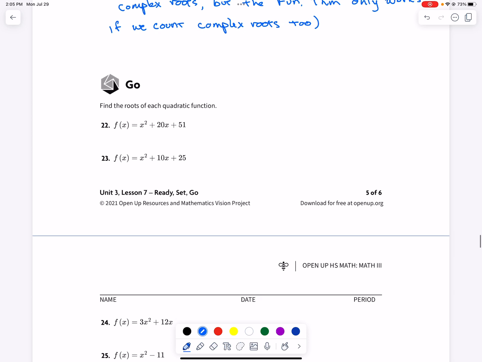Okay. Find the roots of a quadratic function. Here's a nice stupid number. 51. 51 is 17 times 3. Oh, then it's easy to factor.